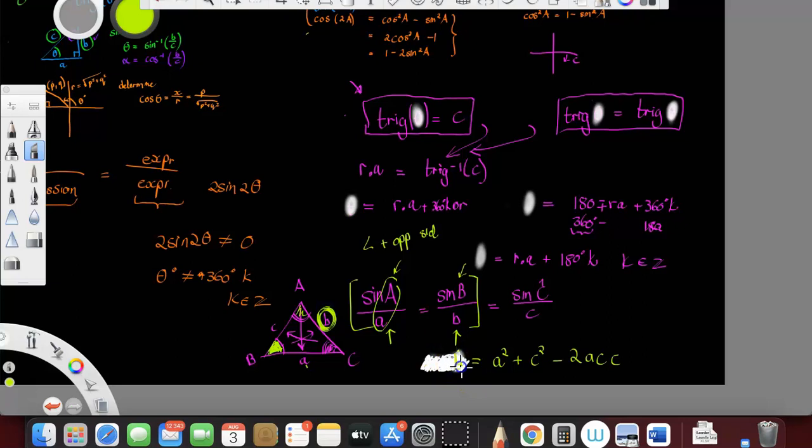B squared is equal to these other two side lengths squared. Notice it looks like Pythagoras, but it's not Pythagoras because we're not in a 90-degree triangle. It subtracts a component. It subtracts 2AC, these two multiplied, times cos of the angle that I have, cos B.